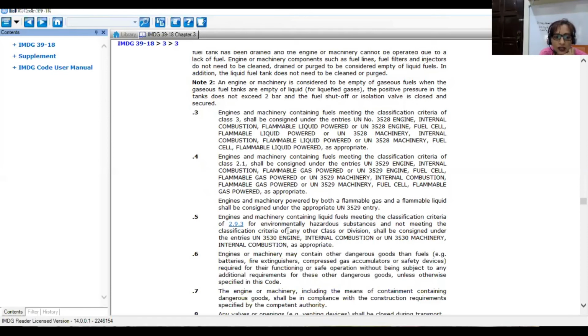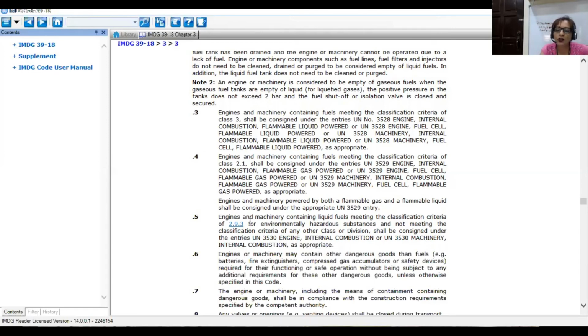Yes. Engines and machinery containing liquid fuels meeting the classification criteria of 2.9.3 and not meeting the classification criteria of any other class or division. That means you're using an engine oil that has no other class other than a class 9, like probably a 3082, shall be consigned under entries of 3530 engine internal combustion or 3530 machinery internal combustion as appropriate.